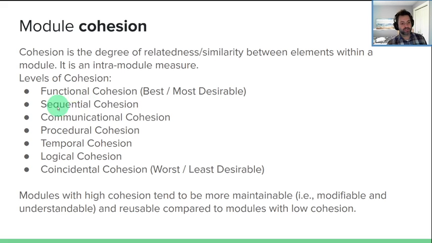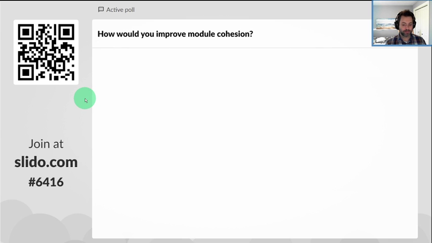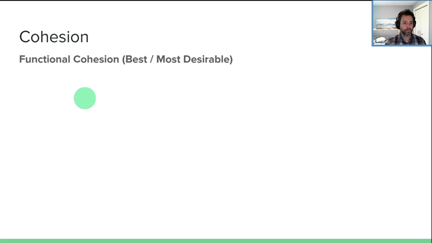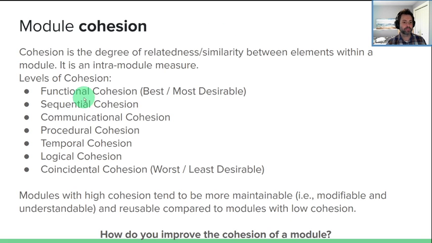So we have functional, sequential, communication, procedural, temporal, logical, and coincidental. Basically, what this means is that we have various levels of how interrelated things are. We're going to get into all of these basically.